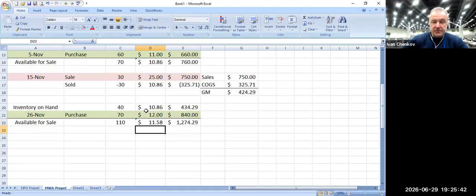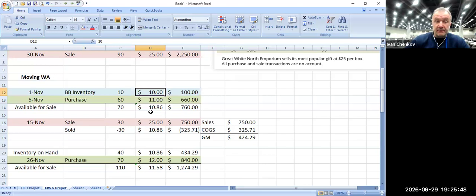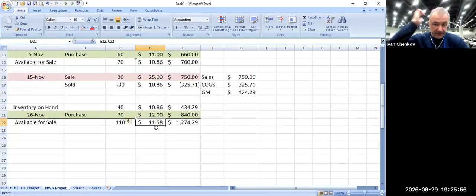And my weighted average, as you can see, now starts moving. From 10.86, my beginning inventory was 10. After the first purchase, it became 10.86 and now it becomes 11.58. And now you can see why it's called moving average: every time I make a purchase, my average cost is going to change.